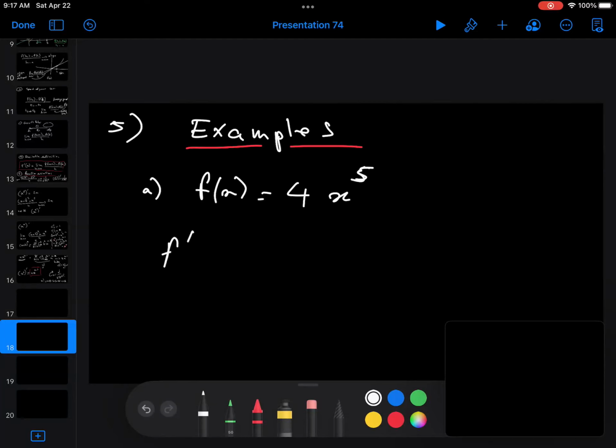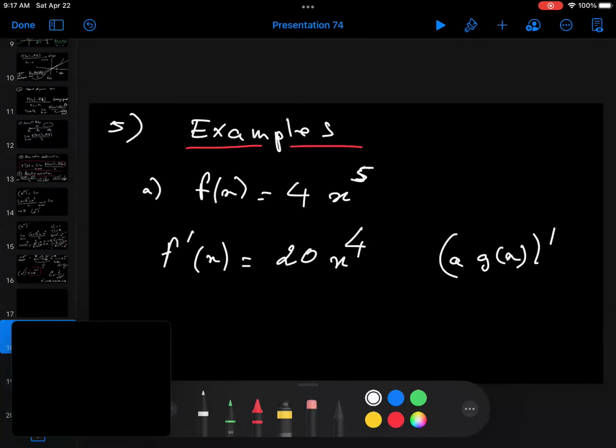By applying formulas that are known for derivatives, I can compute this derivative, and it will be 20x^4. Because when I have a number a times a function g, and I take the derivative, I know that this will be a times g prime of x.